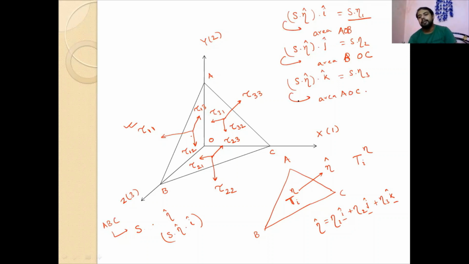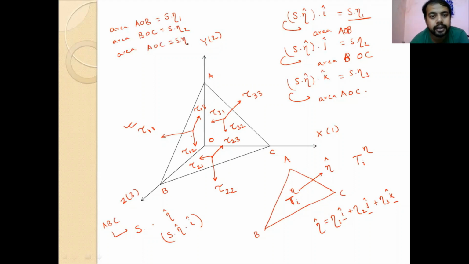So all area dimensions we are getting. The area of AOB is S n1, the area of BOC is S n2, and the area of AOC is S n3. These are the areas we are considering.